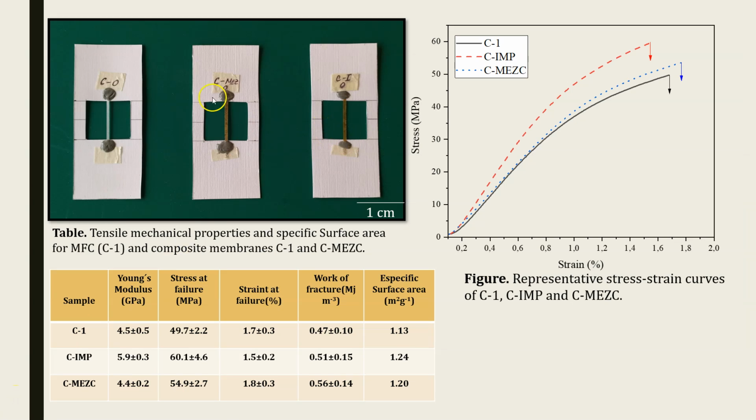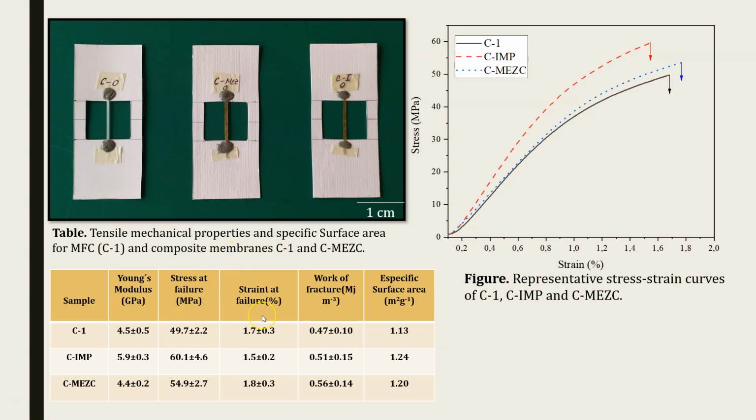From the tensile test of these materials, it was possible to obtain the stress-strain curve, and from this experiment to obtain information on mechanical properties. In the case of Young's modulus, CMP showed the highest modulus. In the case of stress at failure, CMP and CMS showed values slightly superior to C1.